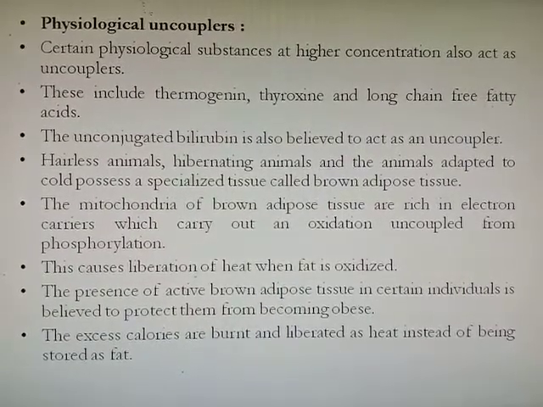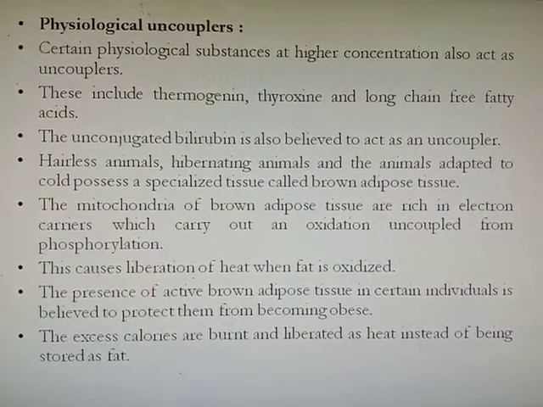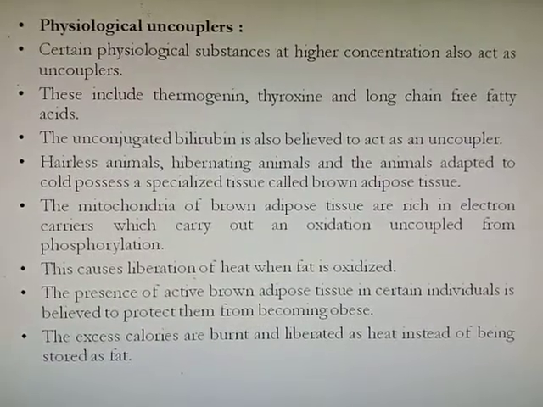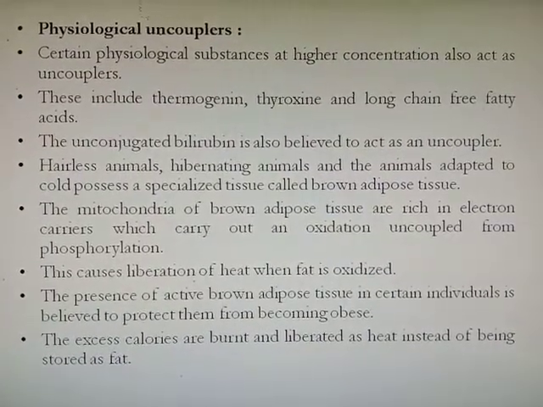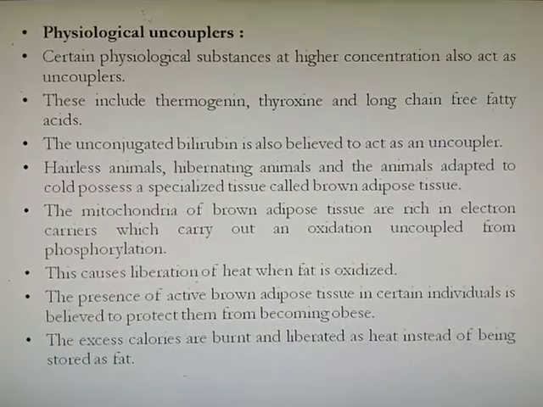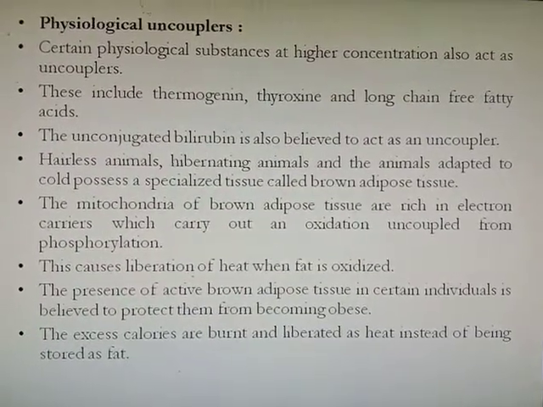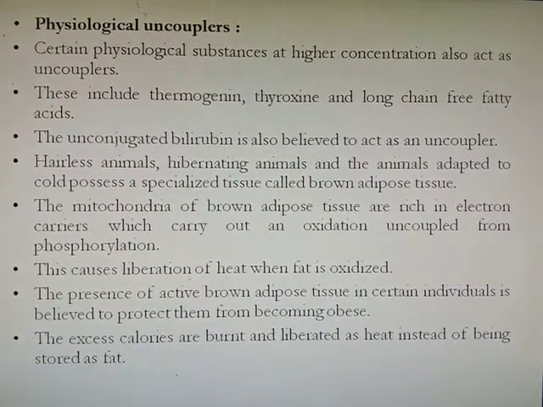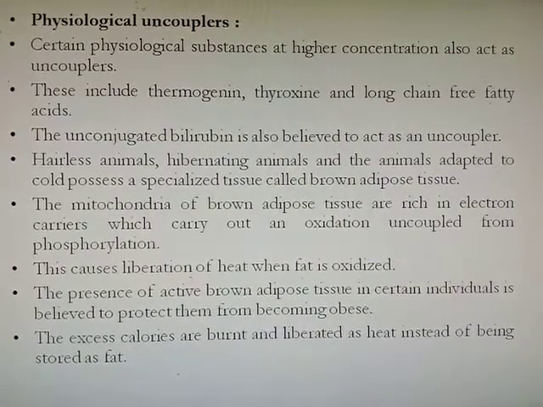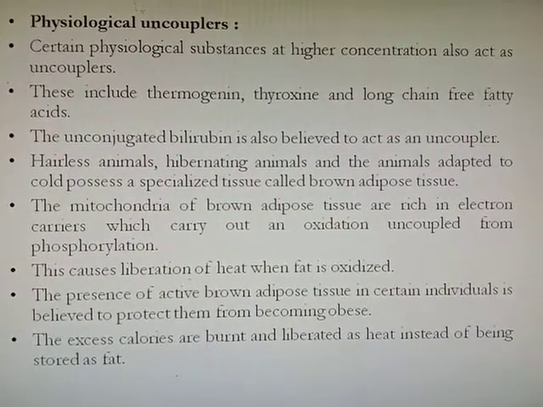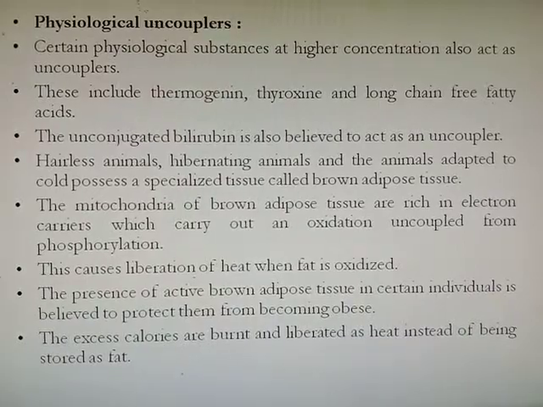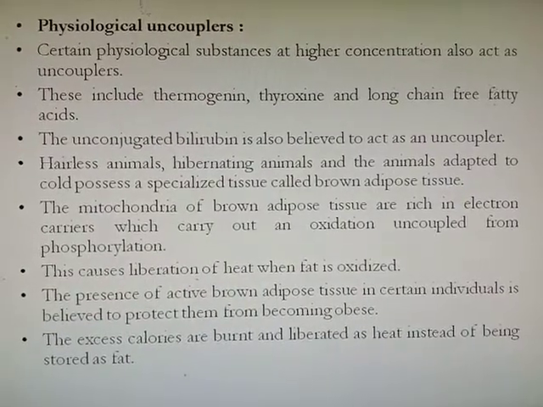The excess calories are burned and liberated as heat instead of being stored as fat, and that's why the uncouplers present in brown adipose tissue lose the energy in the form of heat, and the person having that brown adipose tissue does not become fat.